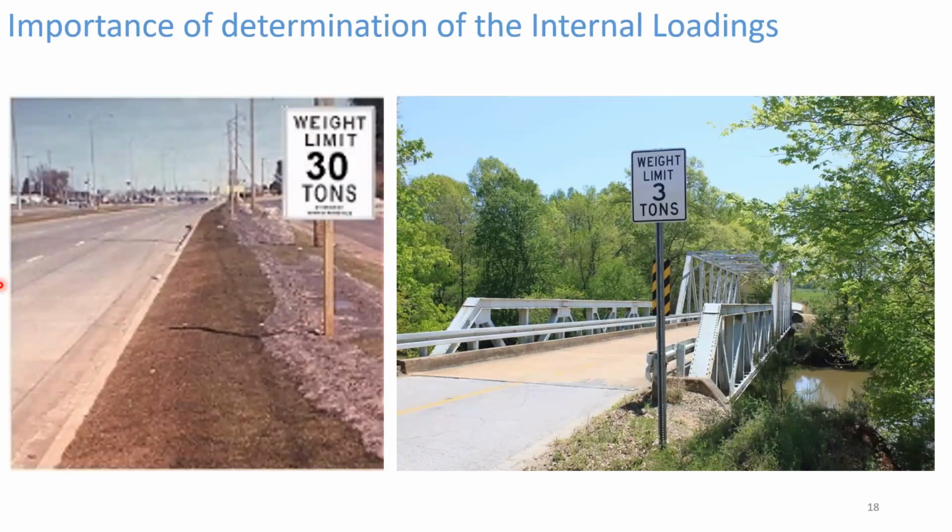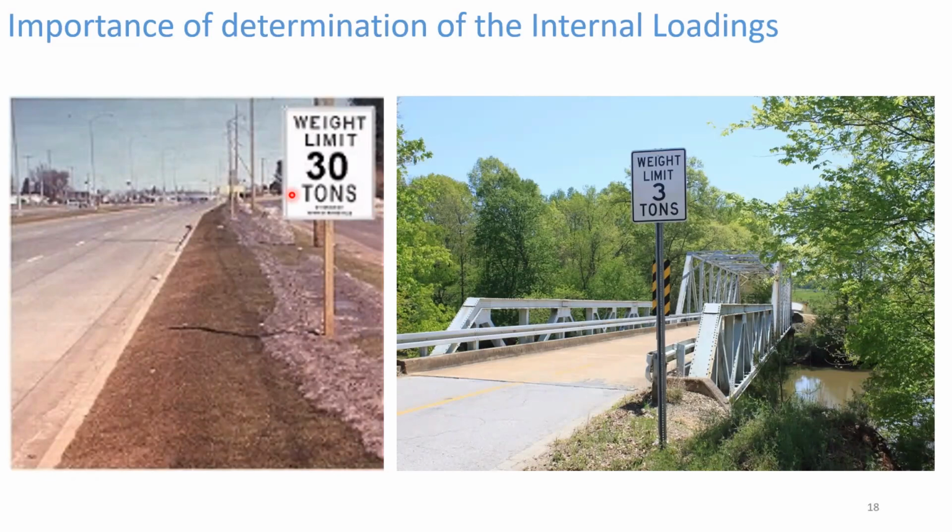There is a slide I added for you on the importance of the determination of the internal loadings. What is the importance of this determination? When you walk or drive on the road, you might see boards like these.